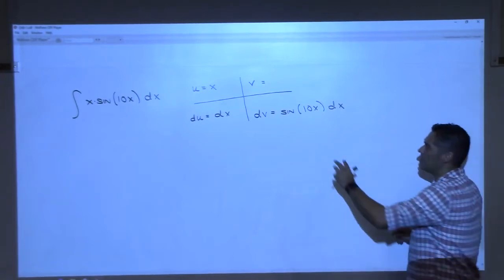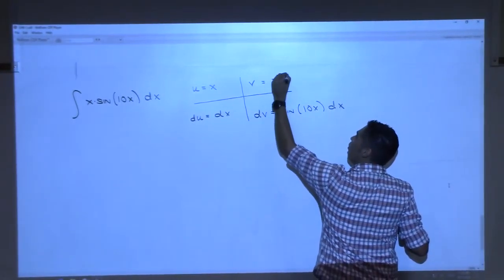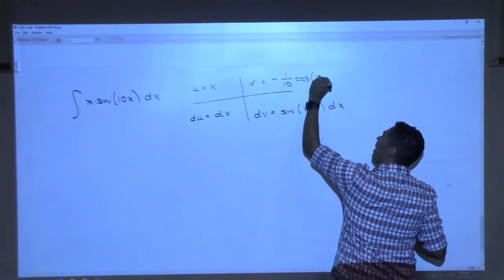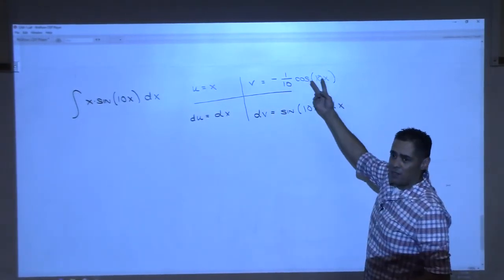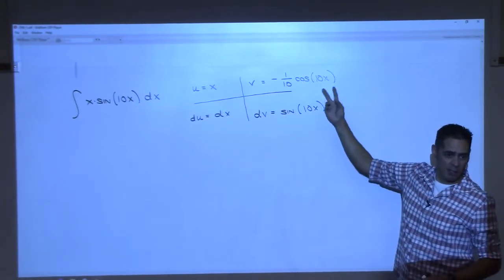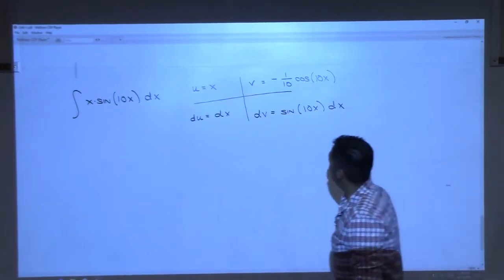So what's the antiderivative of sine of 10x? Negative 1/10 cosine 10x. See the end of class last time if you have any confusion as to what I just did here. You okay with that? All right, so we have our table filled out.